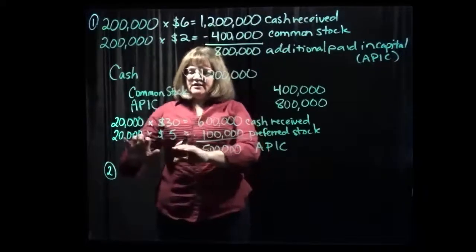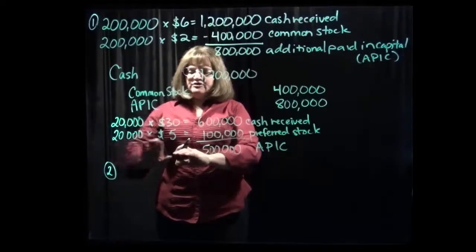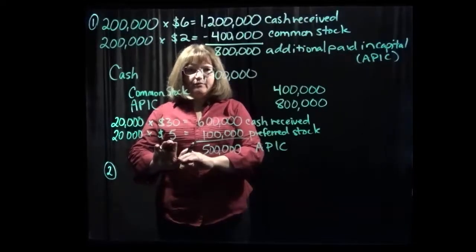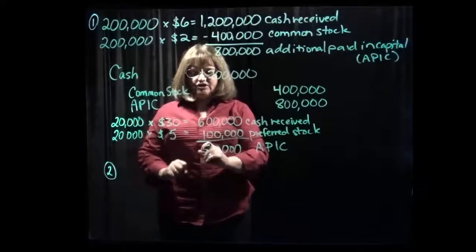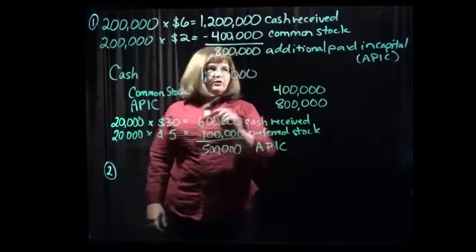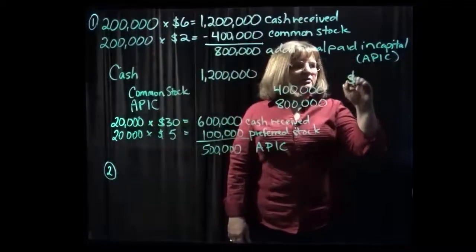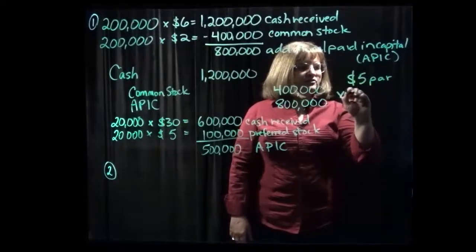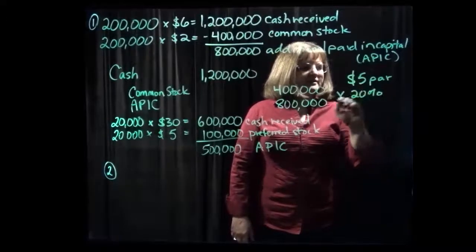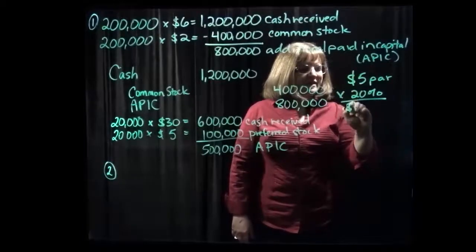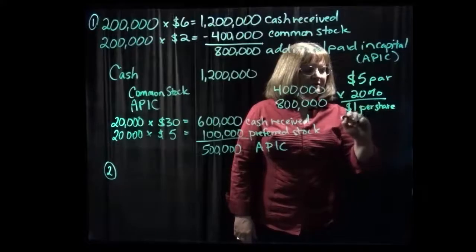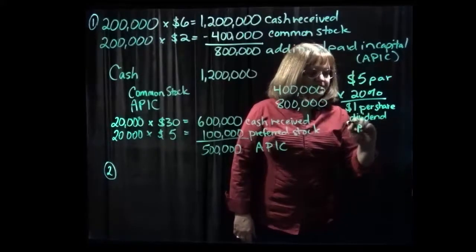They tell us that we've issued 20,000 shares of this $5 preferred stock, and it has a 20% dividend percentage. And so if we multiply that $5 par times the 20%, that tells us that we have a $1 per share dividend preference.